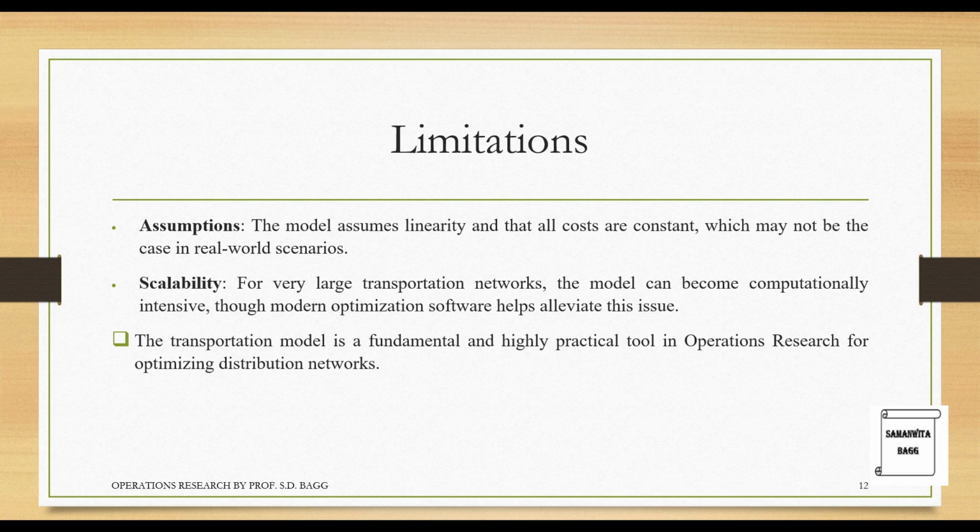So transportation networks sometimes can become very complicated and difficult to solve. Also, if you use a computer for it, it can be very intensive and you'll have to spend a lot of time. But with the use of modern software, the issue can be avoided to a certain extent, though it still requires a lot of time for solving.